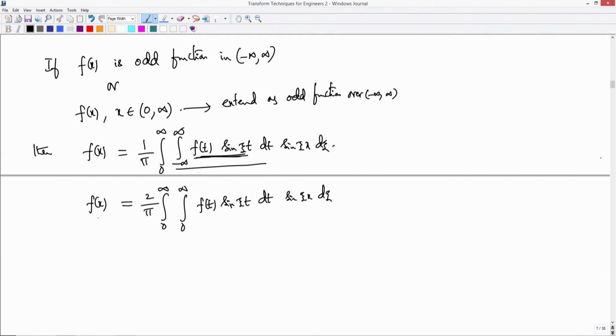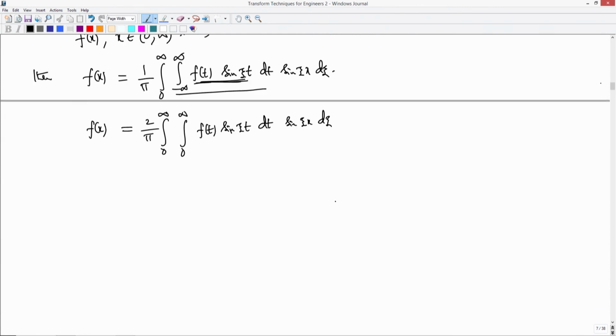Now from this you can define what is called the Fourier sine transform. This is the definition.